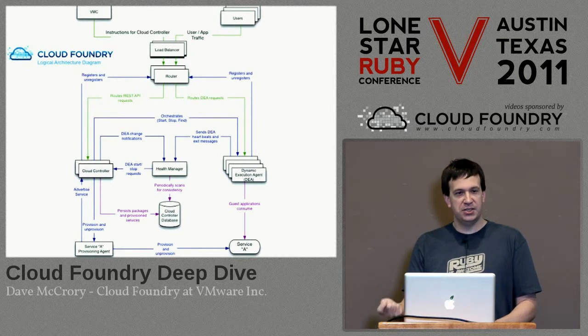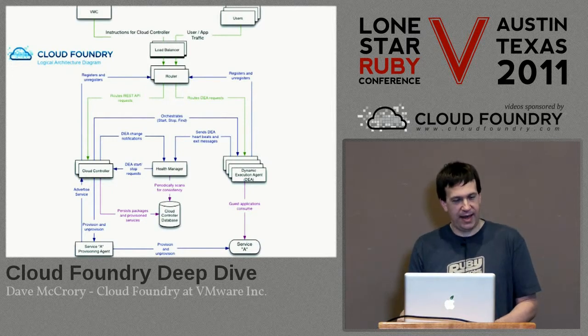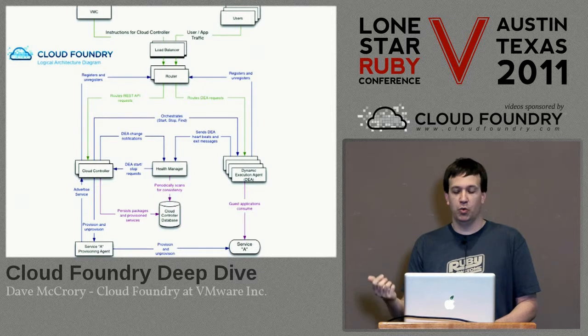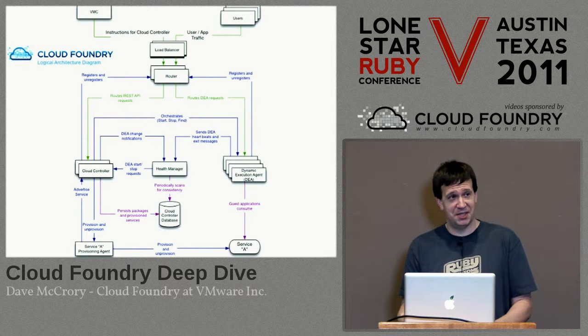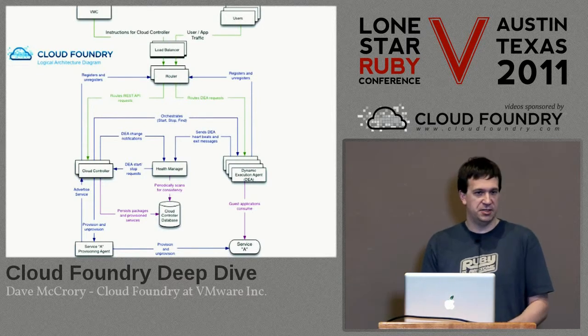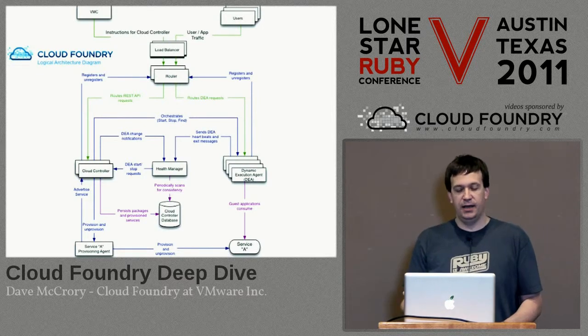The first DEA to respond across NATs that's capable of running that app will be the one that gets the app package. So it'll receive the app package, it'll bootstrap it up, bring it online. When it does, it will then register that with the routers. The routers will then register that app as being online. The health manager will see that the app has come online if it's a single instance in our case.